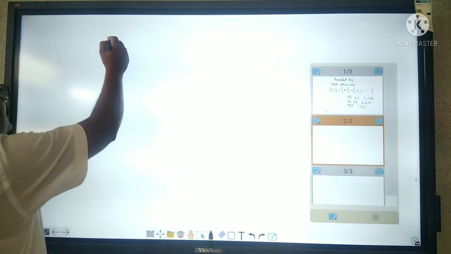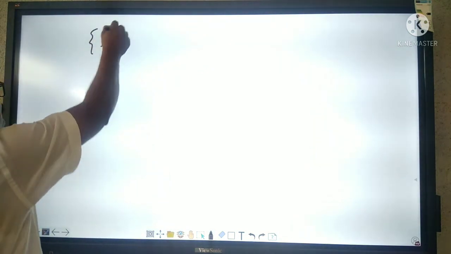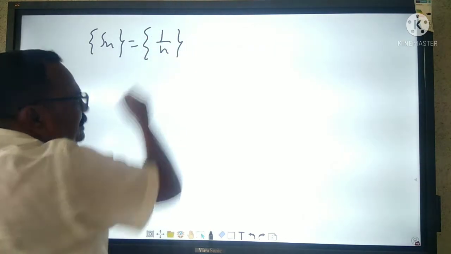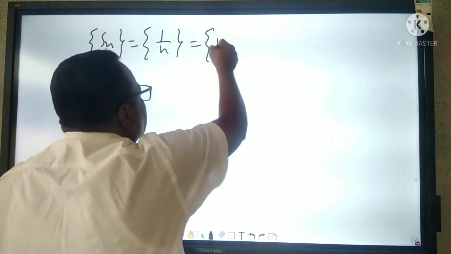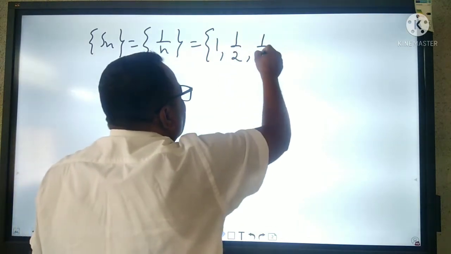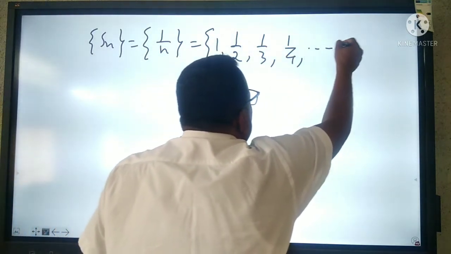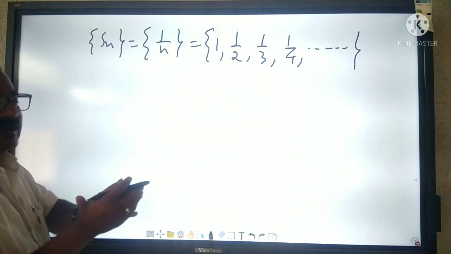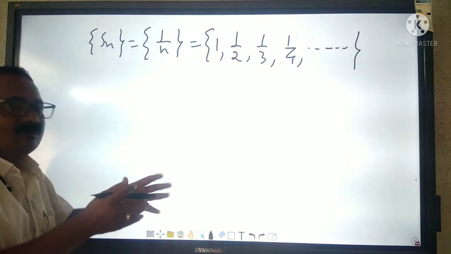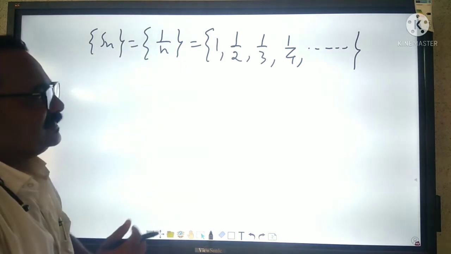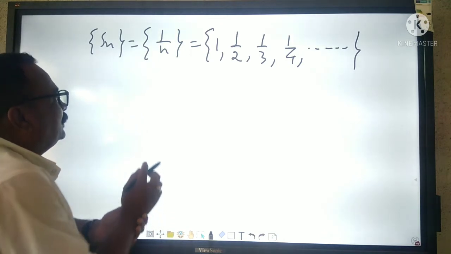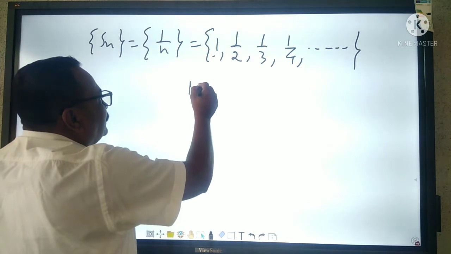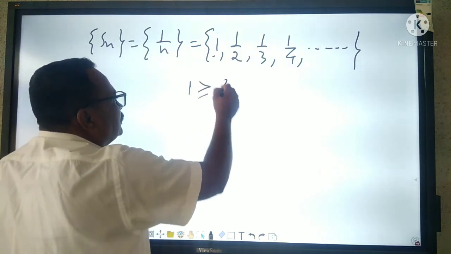Suppose the sequence Sn is 1 upon n. We know the terms in the sequence: 1, 1 by 2, 1 by 3, 1 by 4, and so on. Now, when do we say the sequence is bounded below or bounded above? This is an important example. We know that 1 is greater than or equal to each term of the sequence.